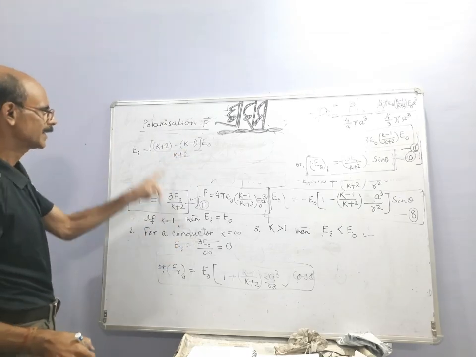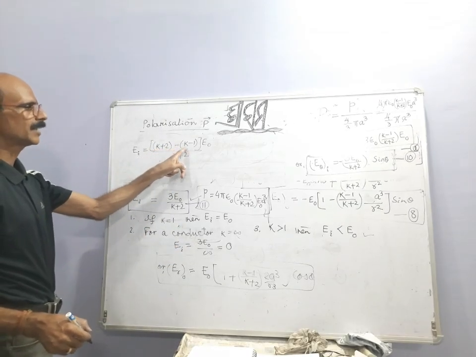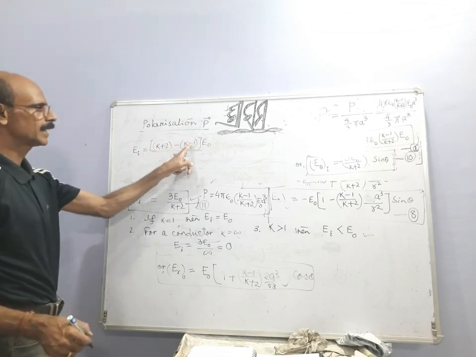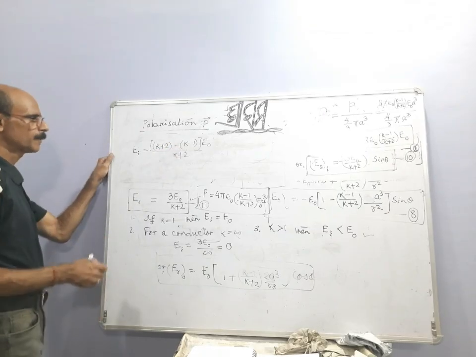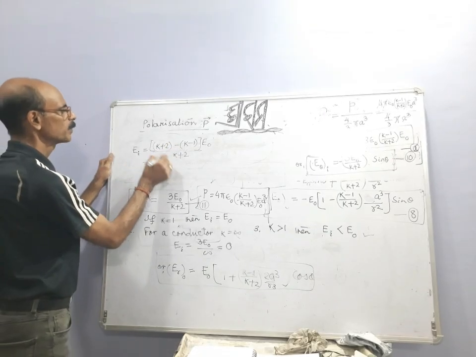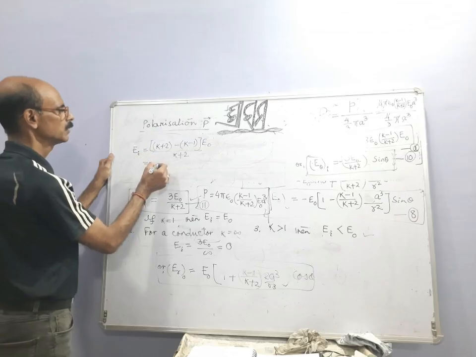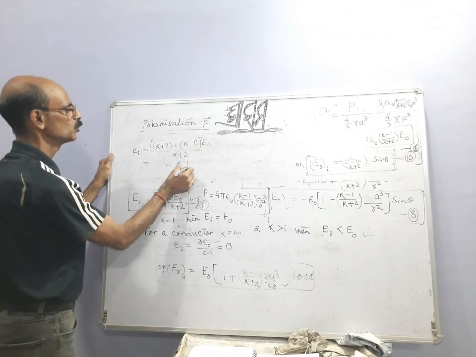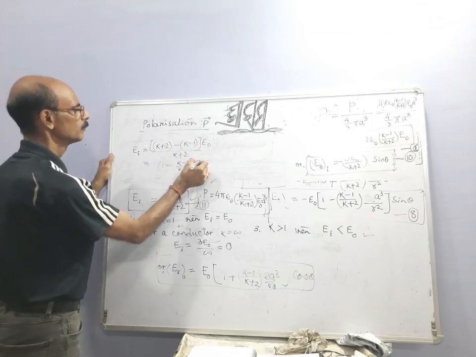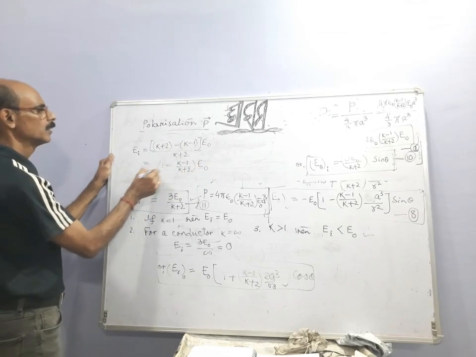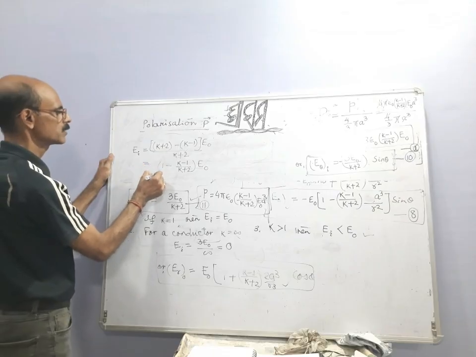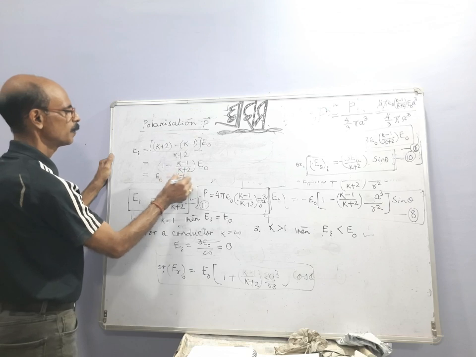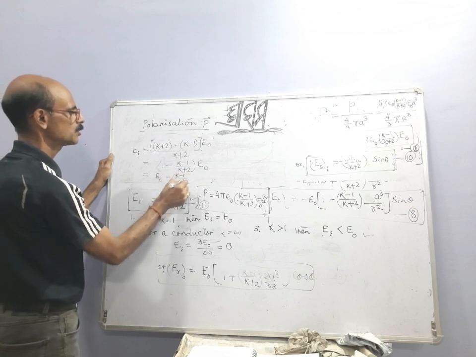In place of 3, I have written k plus 2 minus k minus 1. So k minus k cancels, and 2 plus 1 is 3. It can be written as (k plus 2) divided by (k plus 2), 1, so 1 minus (k minus 1) by (k plus 2), or E0 times this.